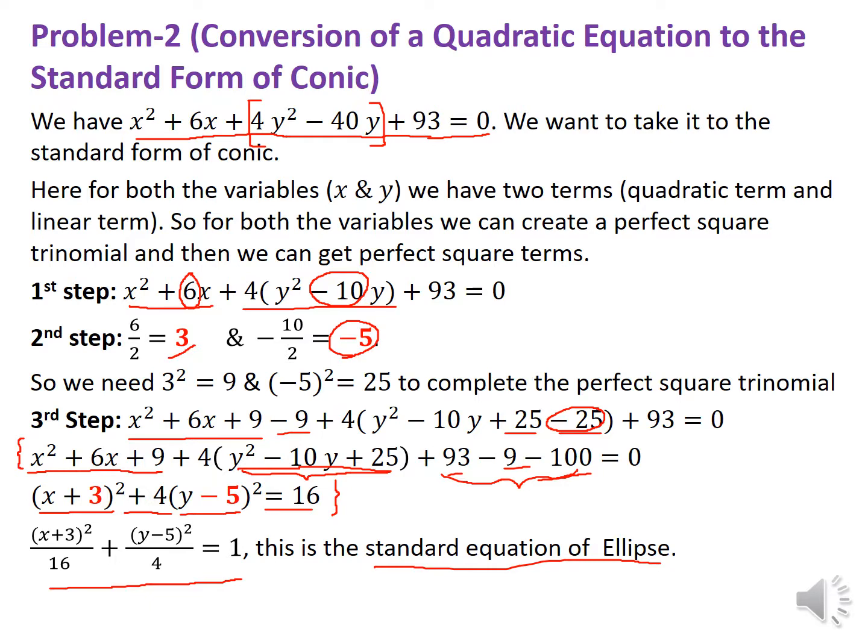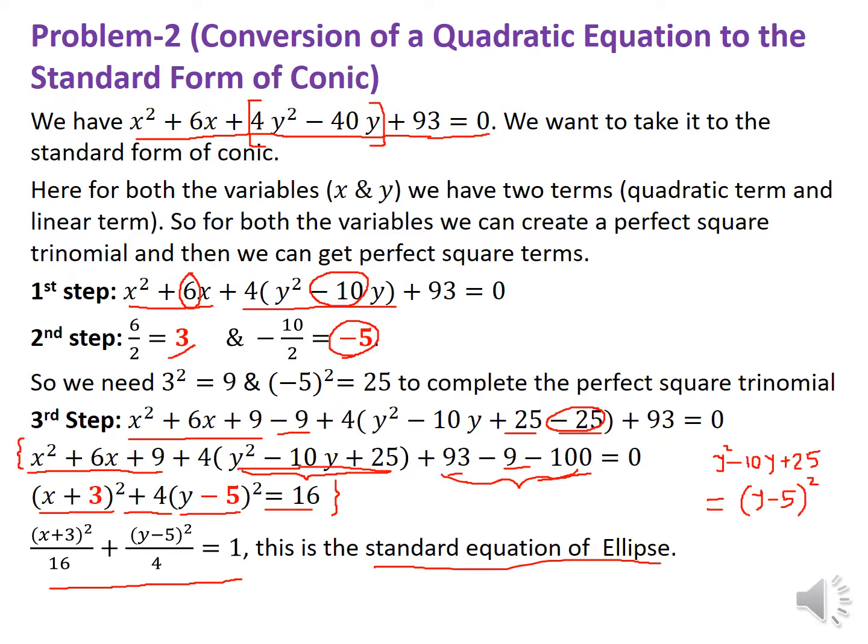Now here, we can write y square negative 10y plus 25 is equal to y minus 5 whole square.